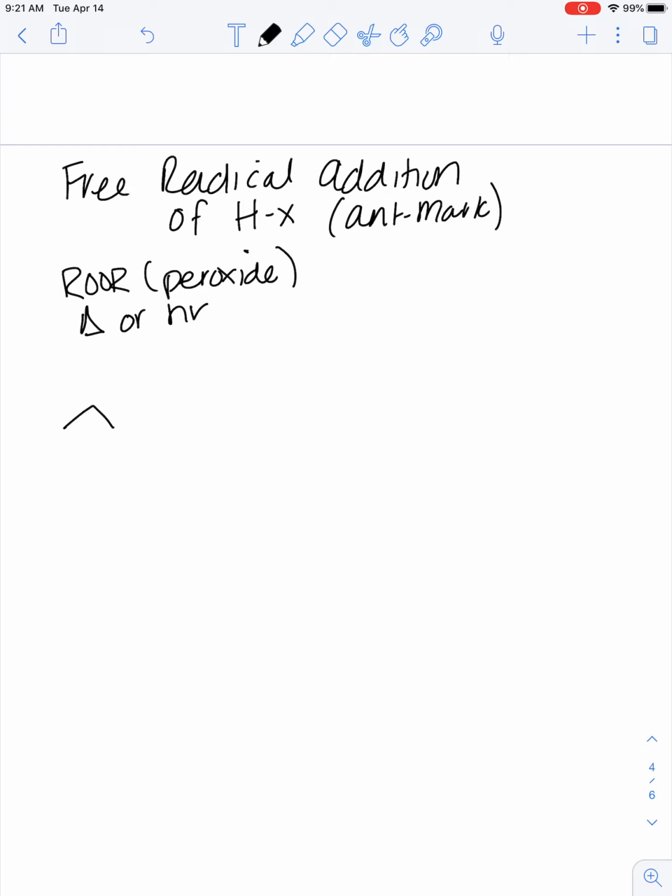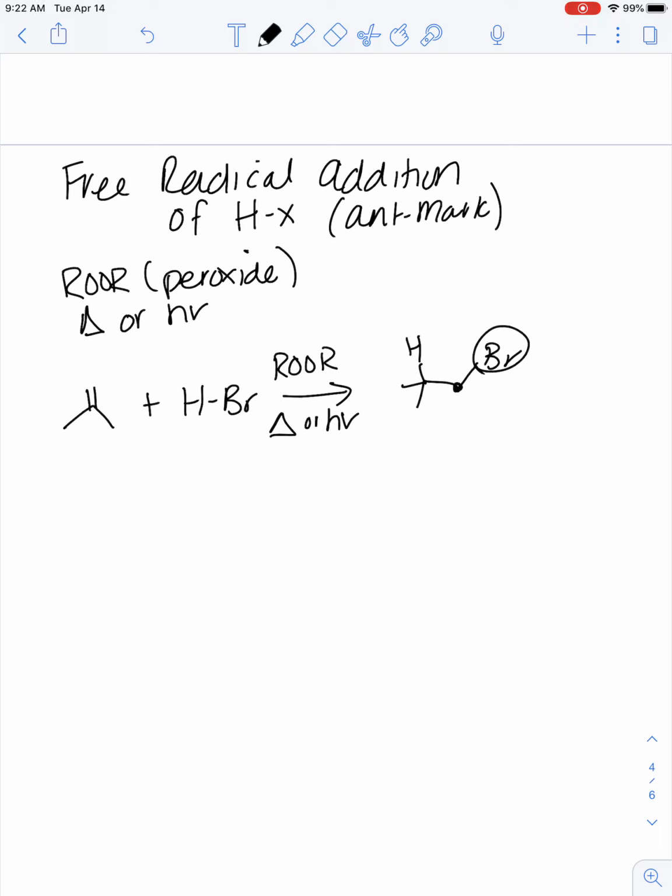If we look at this alkene plus HBr, again we have that strong acid, but it's in the presence of our peroxide and either heat or light. What's going to form is the anti-Markovnikov addition, which means that our halogen is going to go to the least substituted carbon atom, which in this case would be this carbon right here.